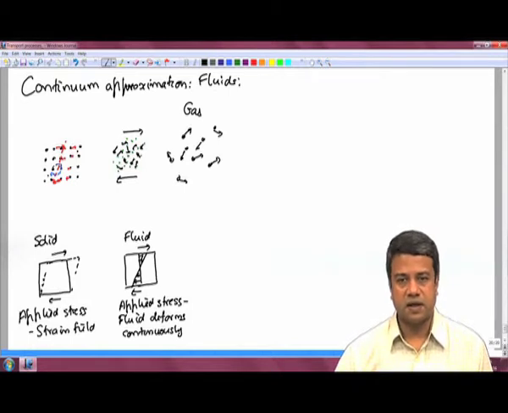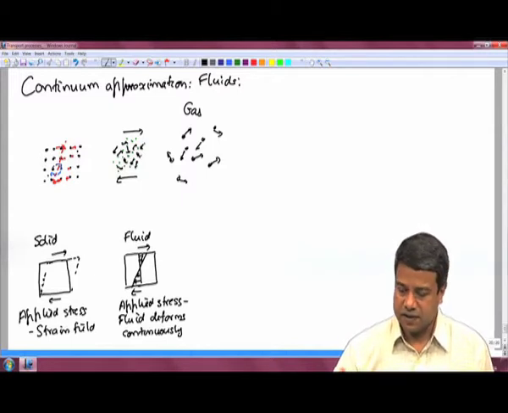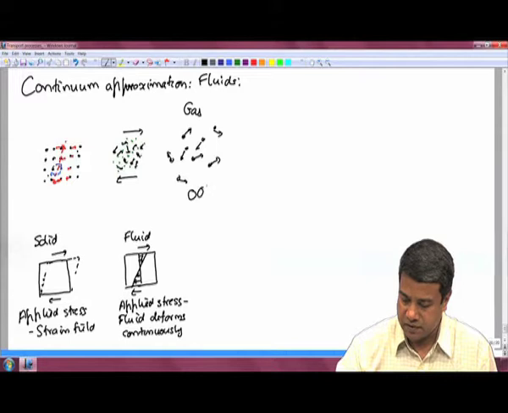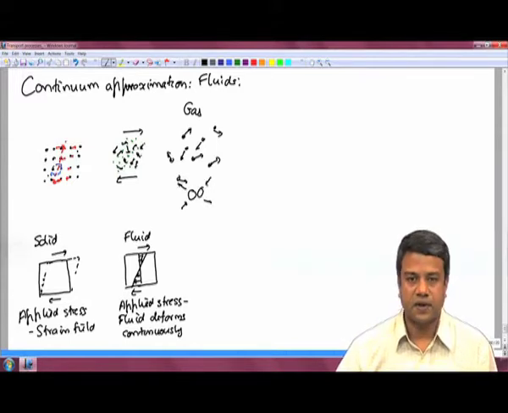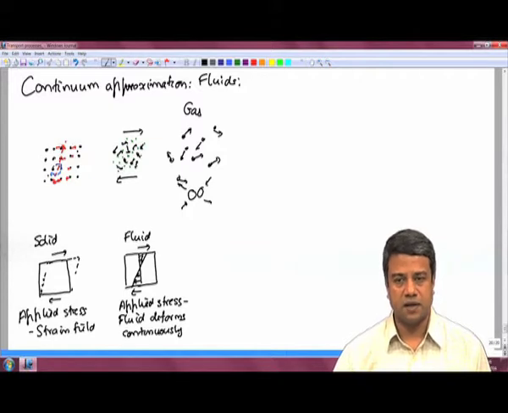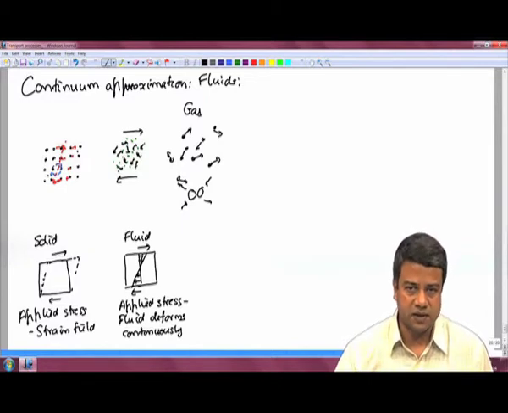And for this reason, the interaction between molecules in a gas can be considered as a series of instantaneous collisions between pairs of molecules, since the range of interaction is much smaller than the distance between interactions.